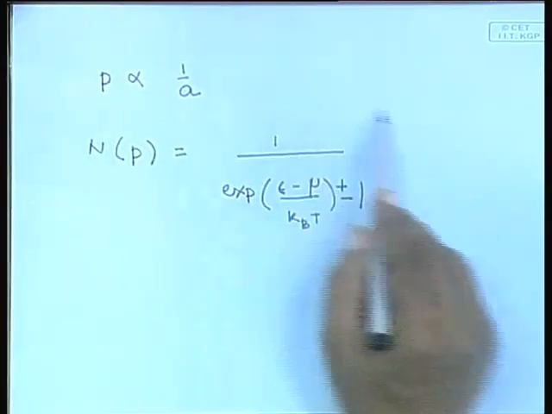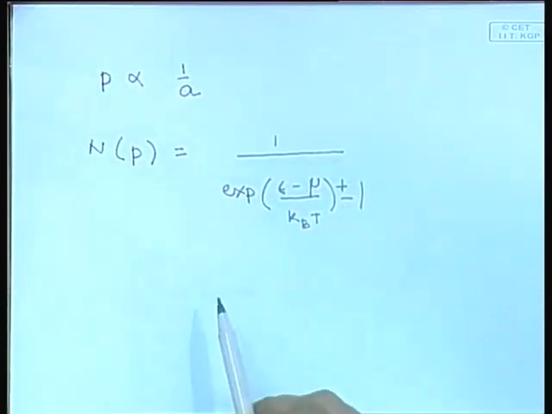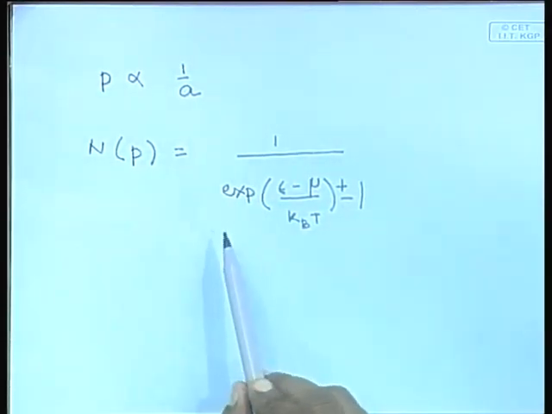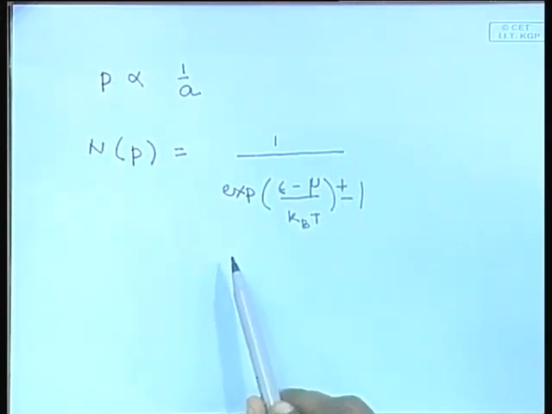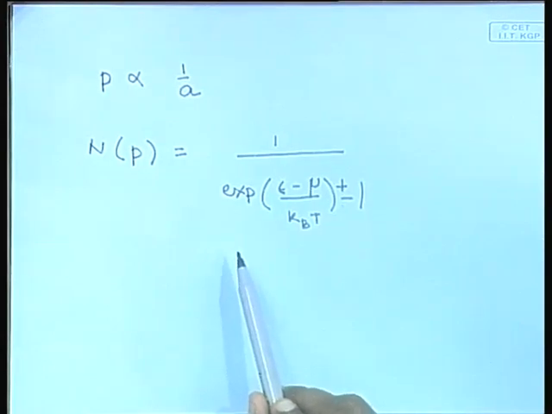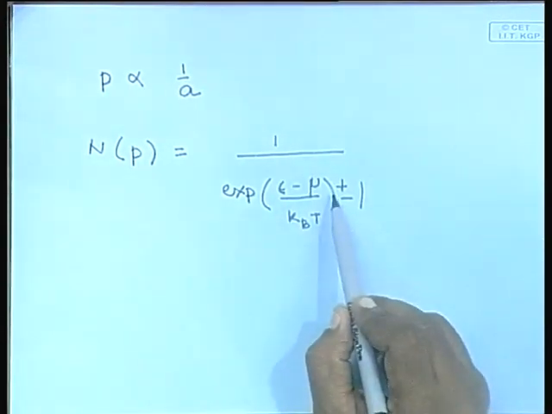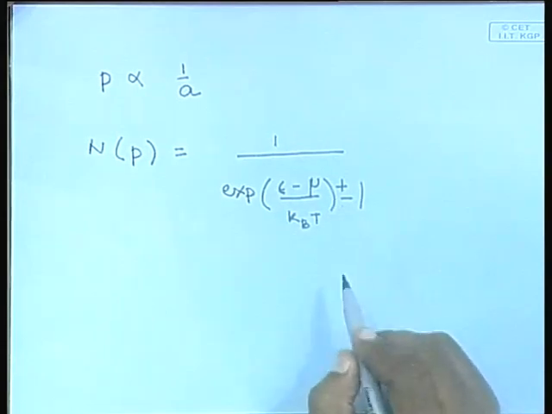So, if I have a system in thermal equilibrium, a set of particles in thermal equilibrium, the occupation number of any state with a particular value of the momentum is given by this expression, and plus is for Fermi particles and minus is for Bose particles.